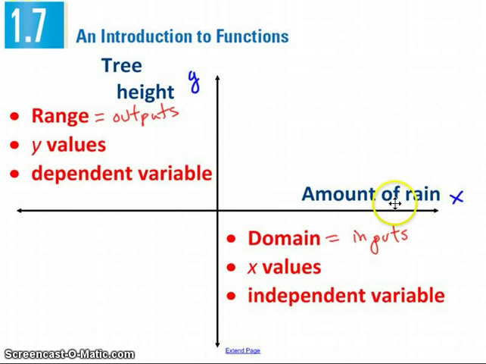If I conducted an experiment looking over the years at amount of rain from one year to the next, I would be expecting to see differences in tree height. The opposite's not going to be true. I'm not going to influence the amount of rain that comes out of the sky by how tall the trees are around me. So hopefully that distinction makes it a little clearer which is independent and which is dependent.